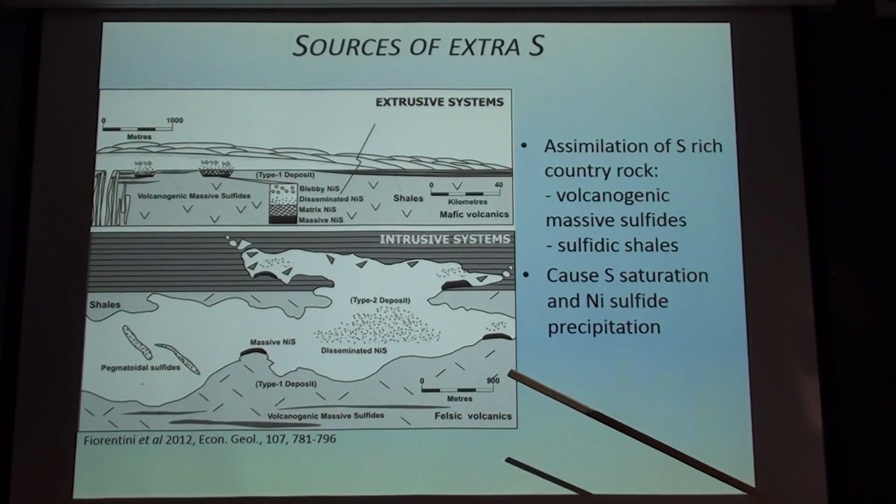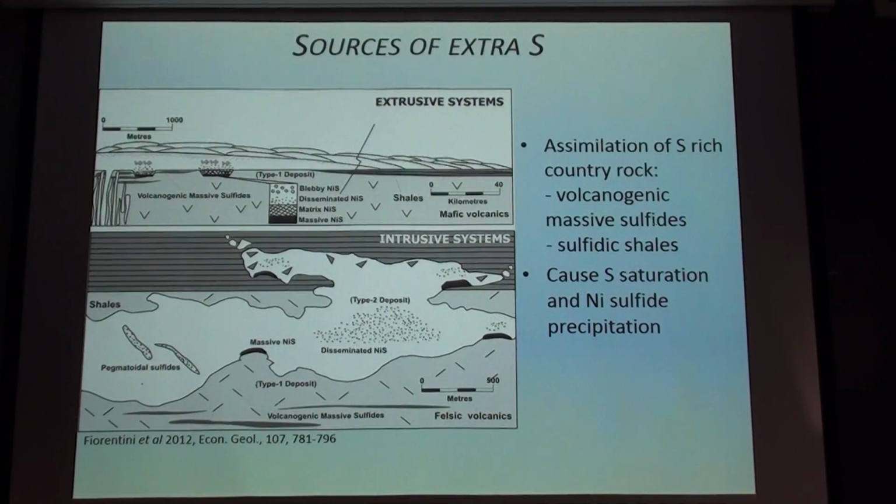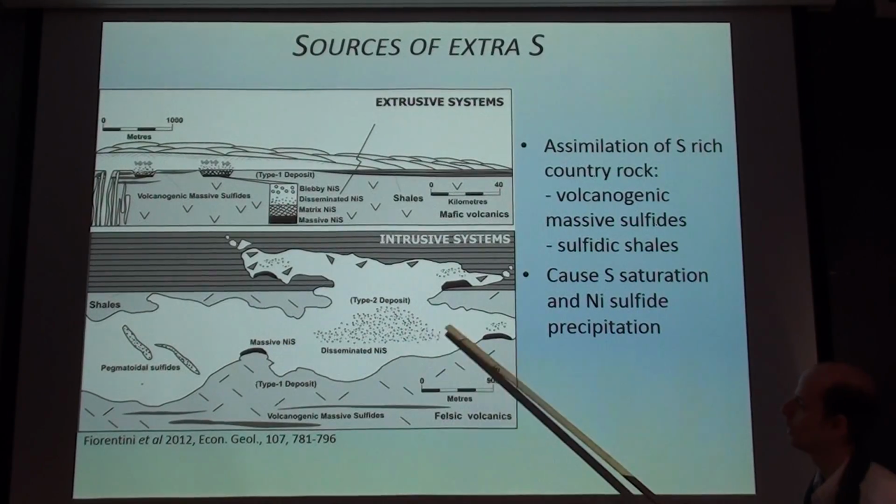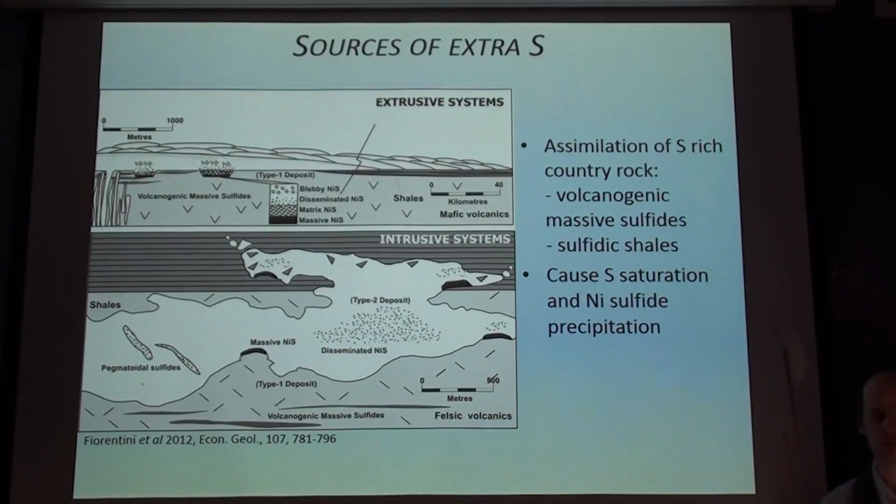The sulfur becomes incorporated within the komatiite melt, increases the sulfur content of the melt, which allows saturation and deposition of nickel sulfides that can form either as massive layers or disseminated layers or disseminated patches.